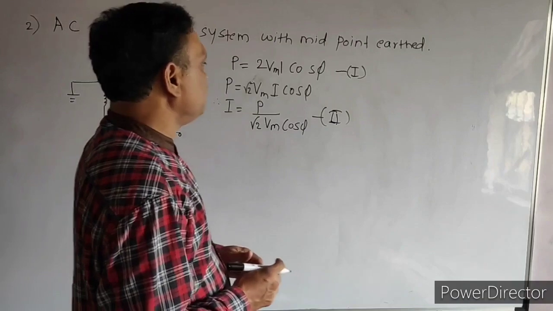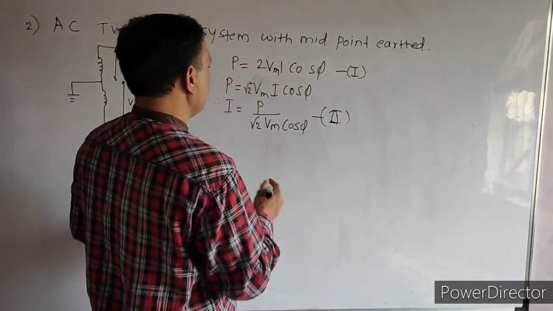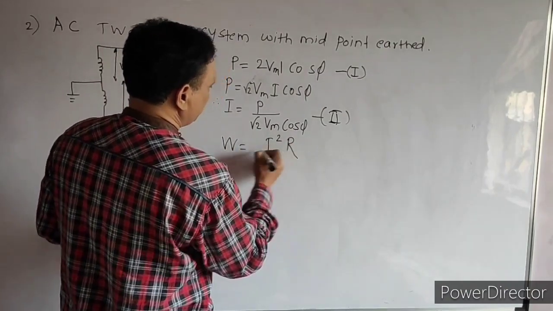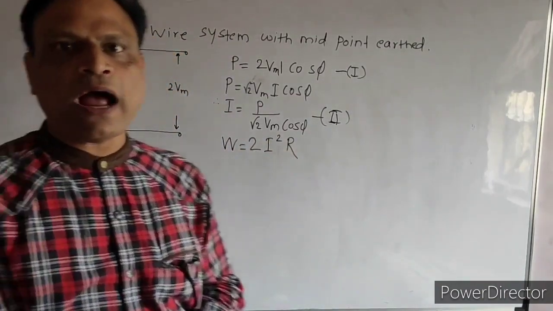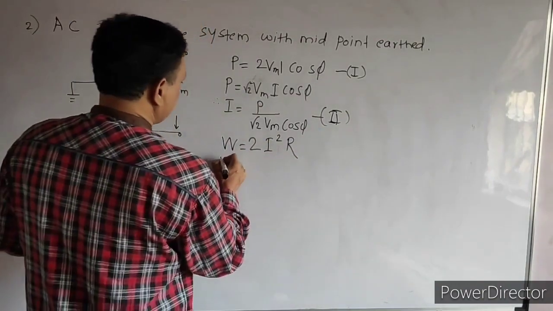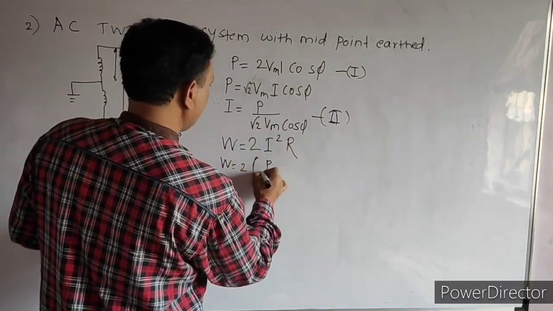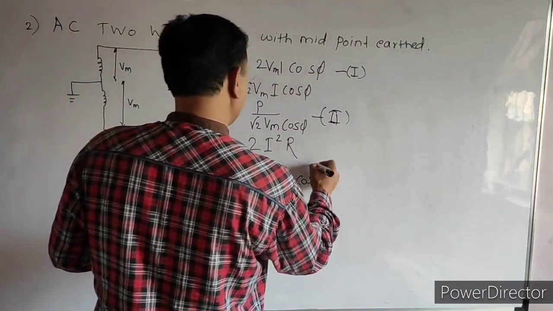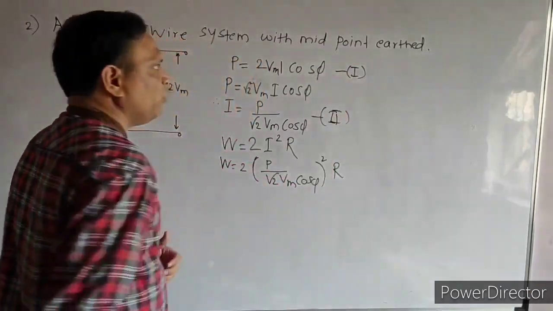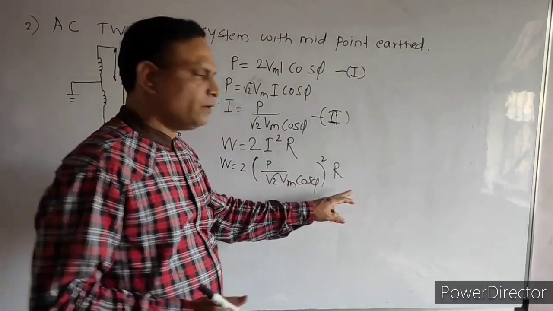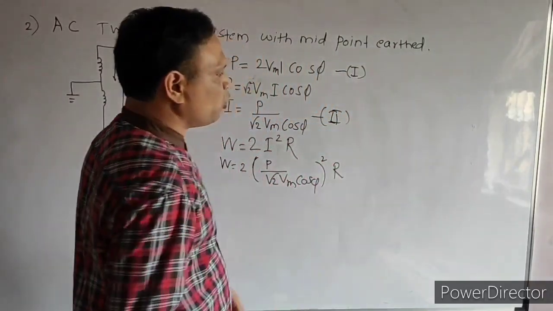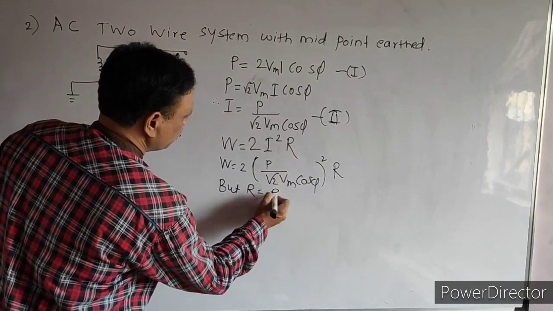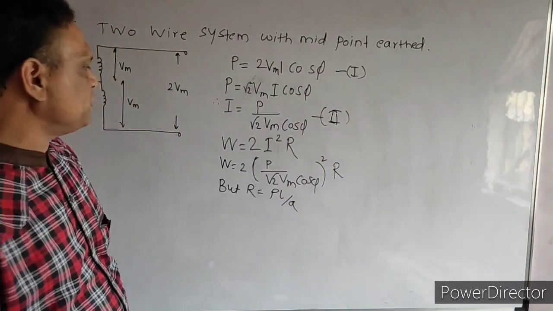Now our next step is to calculate the line loss. So my line loss is W, and W is I square R for one conductor, but there are two conductors, so I will write here 2 I square R. Now this line loss will be equal to 2 times P upon root 2 Vm cos phi, whole square, into R, where we will always write the value of R as rho L upon A, where A is the cross section.